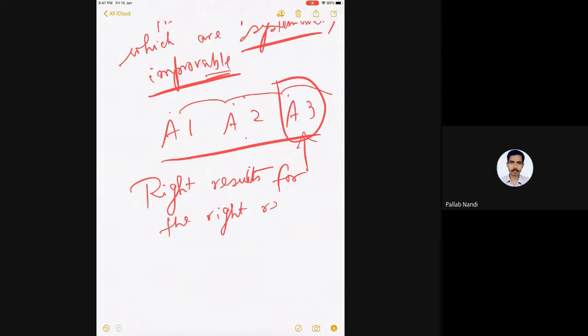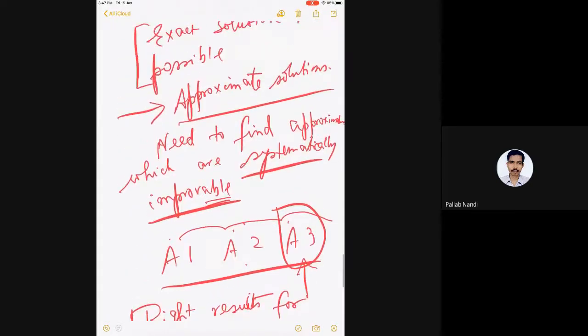You can get right results for wrong reasons. What does it mean? It means you make two errors, they may cancel each other, and you can get right results. But what is important here is to get right results for the right reasons.